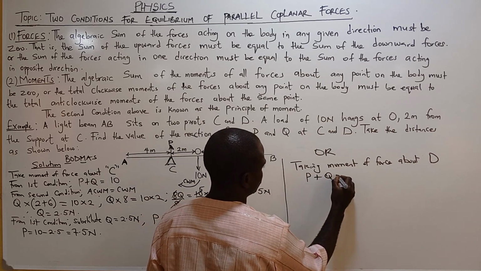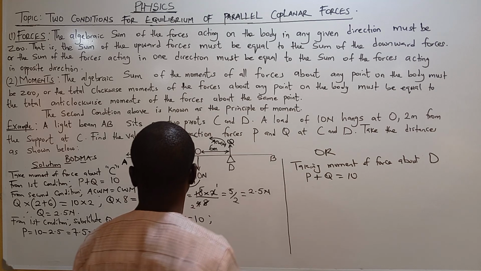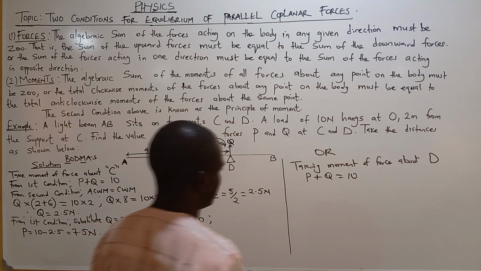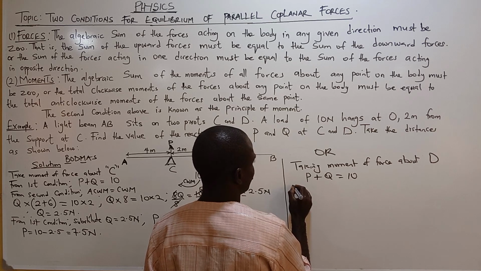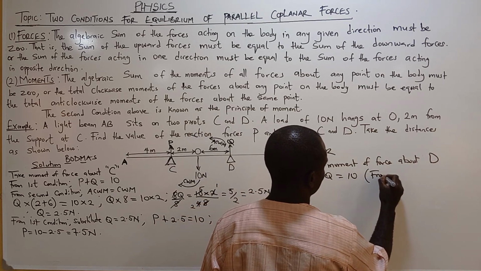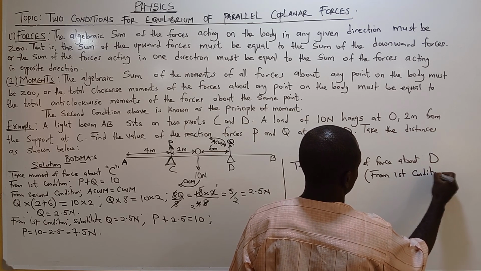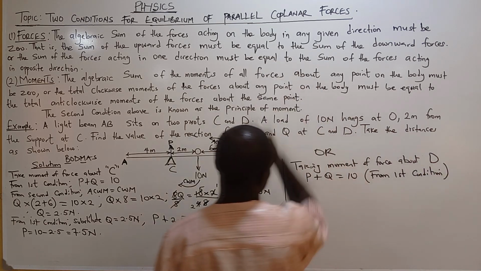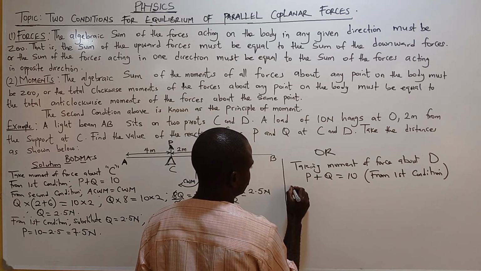P plus Q equals 10. Okay, now since you have it like that, we got this from the first condition of equilibrium.